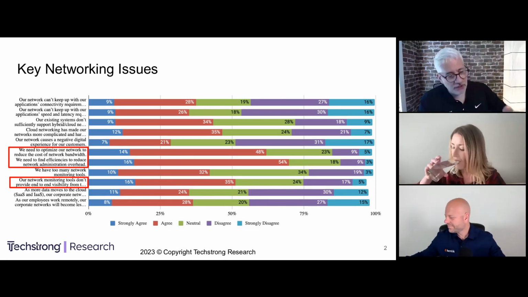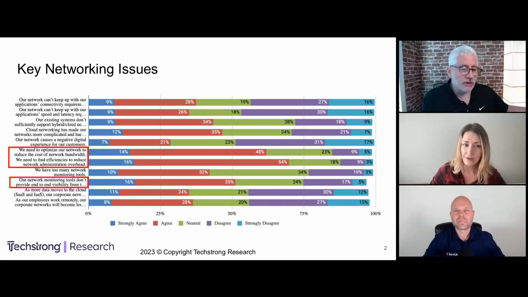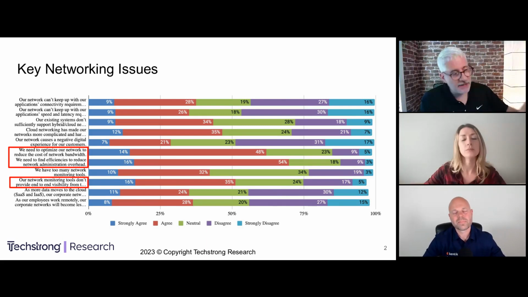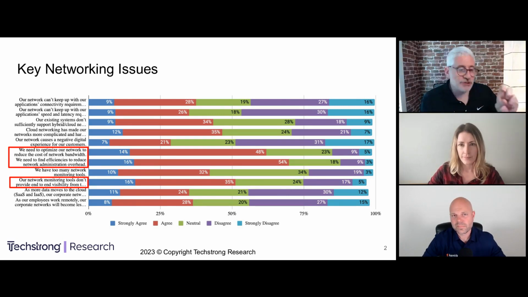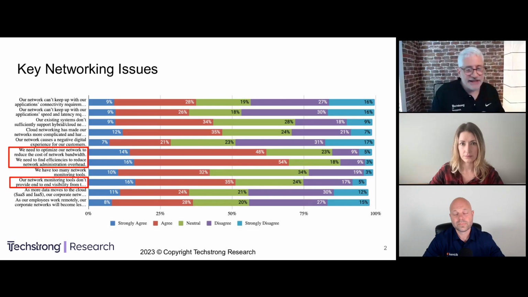I also want to provide a little bit more of a historical backdrop, because it really hits on both the optimization challenge as well as the visibility challenge. Back in the day, we had private networks, which meant we had to provision all of those different connections, and we would use things like frame relay and a number of other connectivity services, private T1s or what have you.